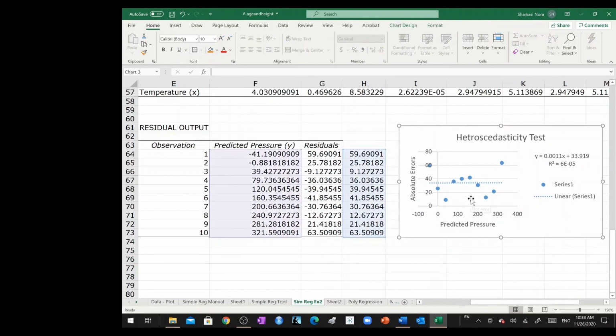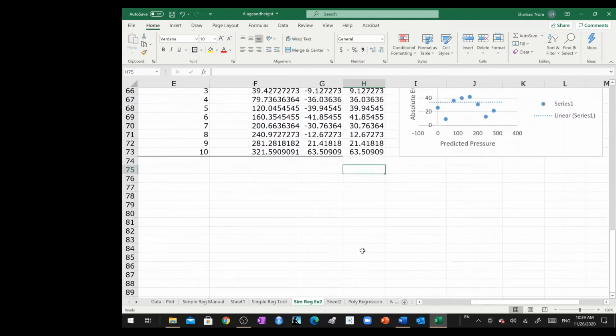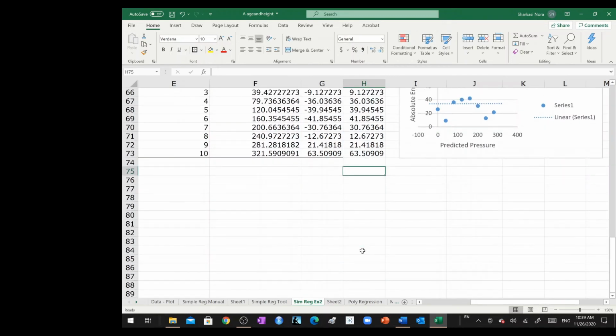So there's no evidence of heteroscedasticity, meaning that the values of the errors are not dependent on the predicted pressure, which is the predicted values of the dependent variable.